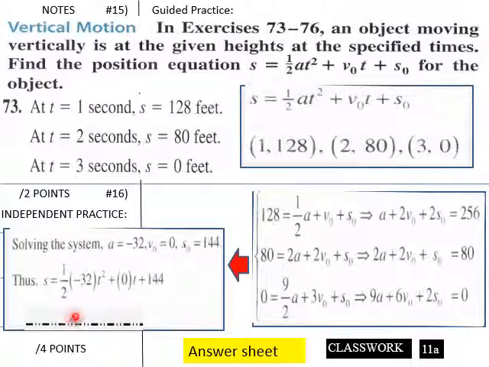Thus, s equals 1/2 of the negative 32 t squared plus 0t plus 144. And then this simplifies to negative 16 t squared plus 144 for the position equation for these situations, and here it is.